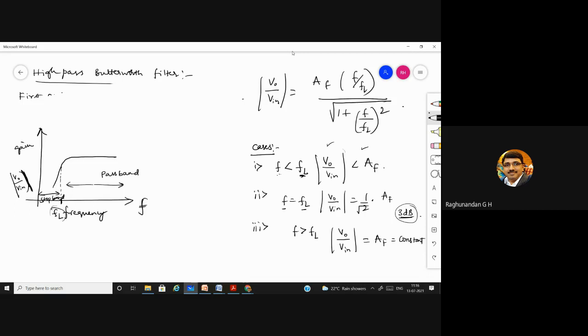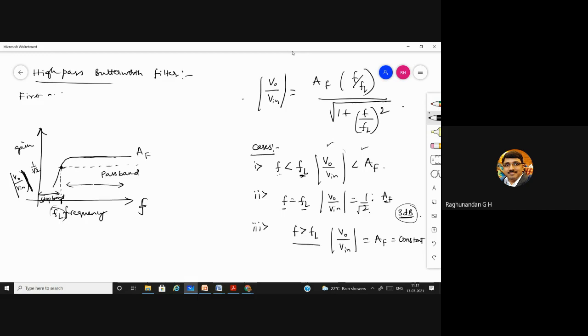Next, when F is equal to FL, at this point, this is the point where we take 3 decibel or 1 by root 2 times the overall gain. So at F is equal to FL, the gain will be 1 by root 2 times of the maximum gain. So this is the maximum required or allowed gain. So during that time, when F is equal to FL, the gain which is obtained is 1 by root 2 times AF.